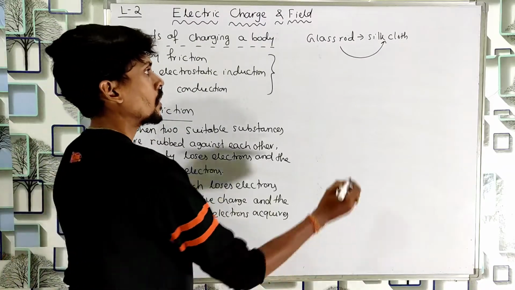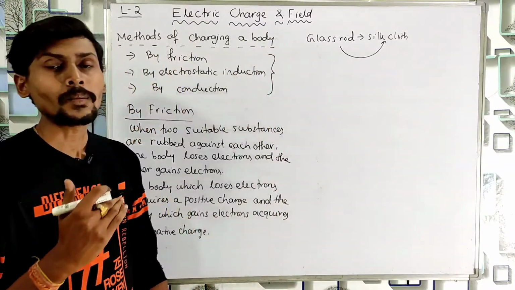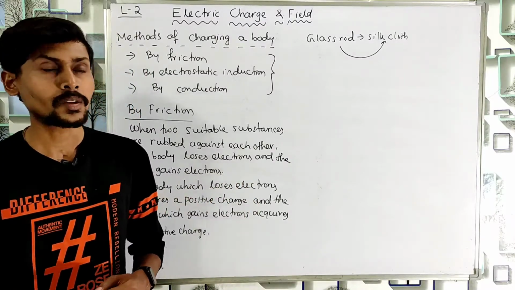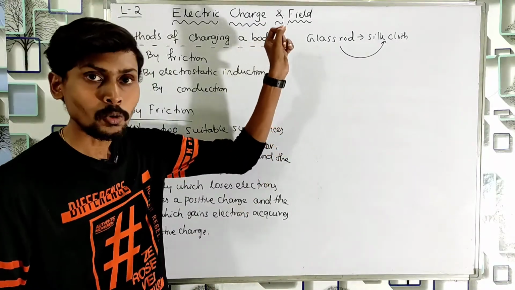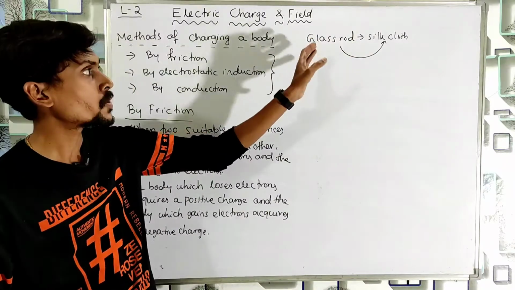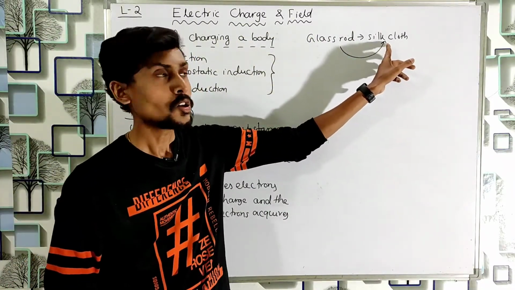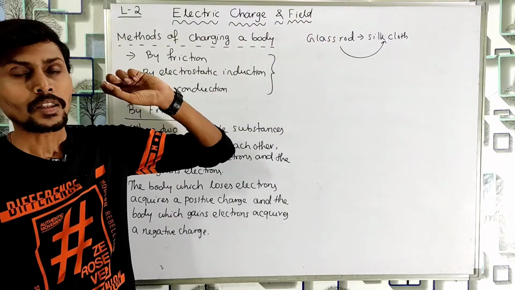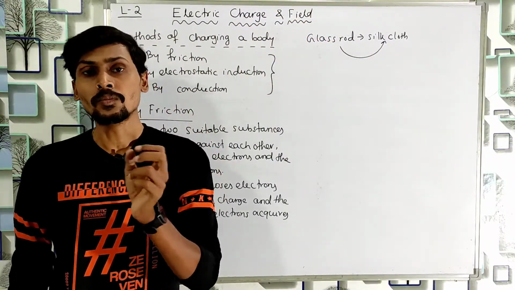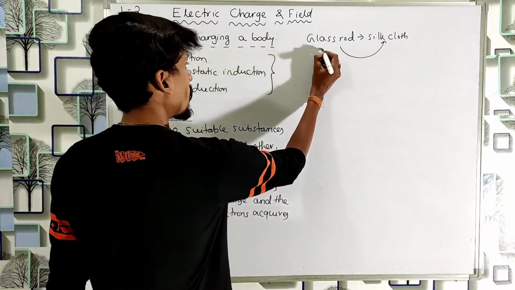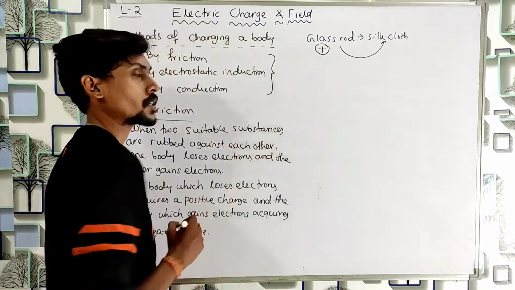That's why in the glass rod the number of positive charges becomes more than the number of negative charges, because the glass rod loses electrons, meaning the negative charges are transferred from the glass rod to the silk cloth. That's why the glass rod acquires a net positive charge.